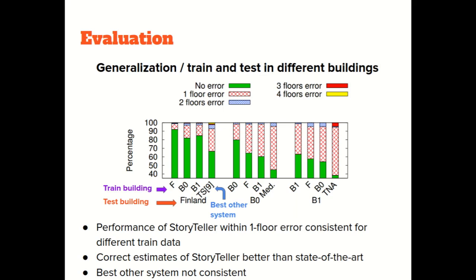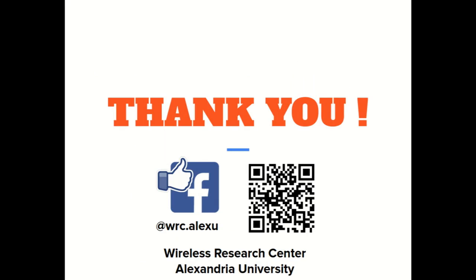As the figure shows, for all 3 test buildings, first of all, correct estimation of the StoryTeller is better than the state-of-the-art. In addition, StoryTeller has consistent performance within one floor error, even when using different trained data from buildings other than the test building. Finally, the best other system is not consistent for the different test beds, as opposed to StoryTeller, which shows consistent performance. That's it actually. Thank you for your attention.